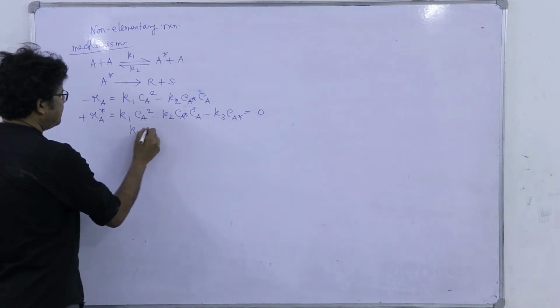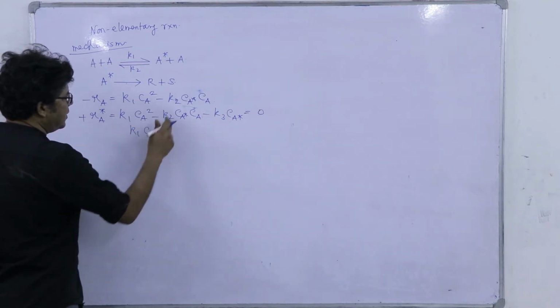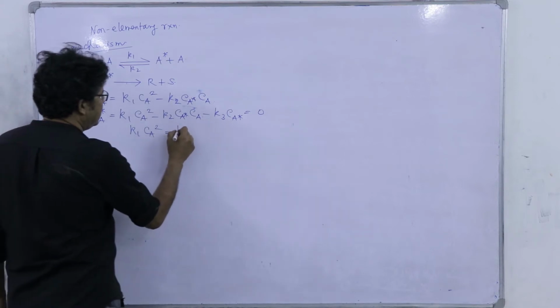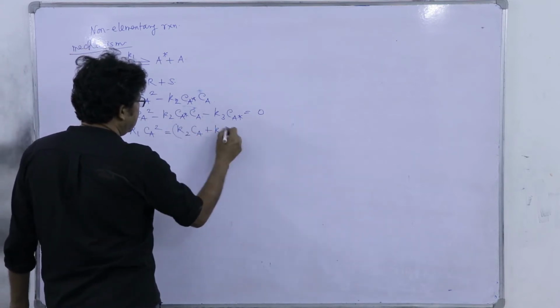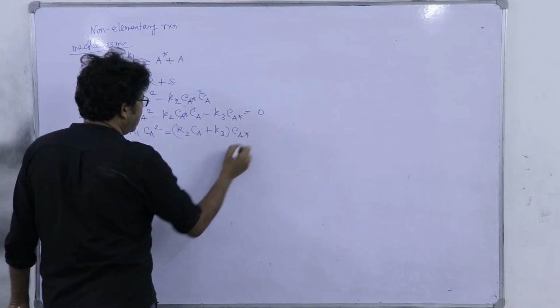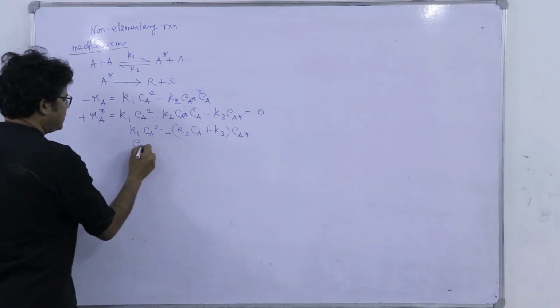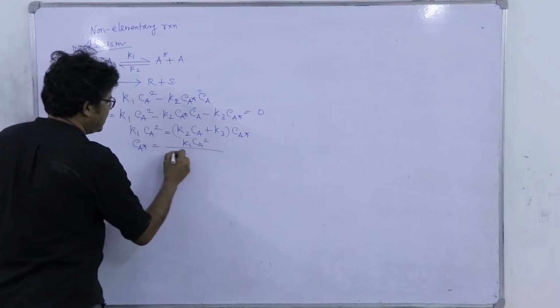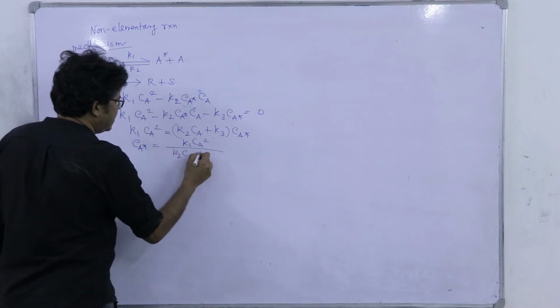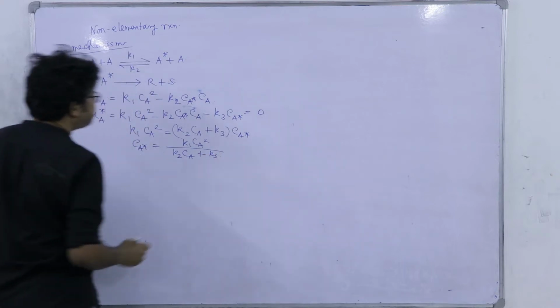So, K1 CA square is equal to K2 CA plus K3 whole bracket times CA star. So, CA star is equal to K1 CA square divided by K2 CA plus K3.